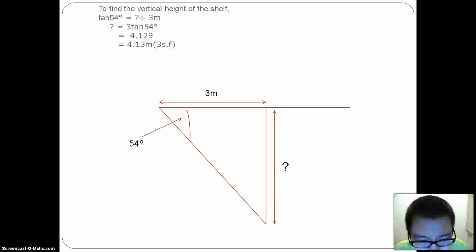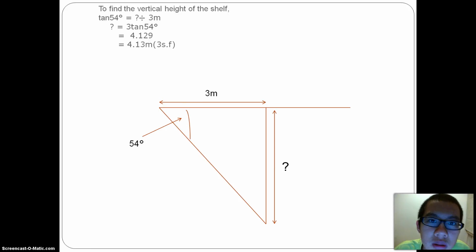Let's move on. Okay, so this is where the roof and the wall meet. This is 54 degrees here. The bookshelf is 3 meters from the intersection of the wall and the roof. So 3 meters here. So what are we going to use?